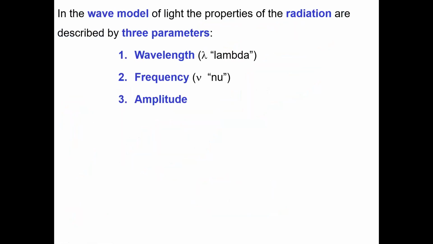So if we're going to consider light to be a wave, then there are three important parameters of a wave. There's what we call the wavelength, the frequency, and the amplitude. The wavelength is normally indicated using the Greek letter lambda, and the frequency is normally indicated using the Greek letter nu.